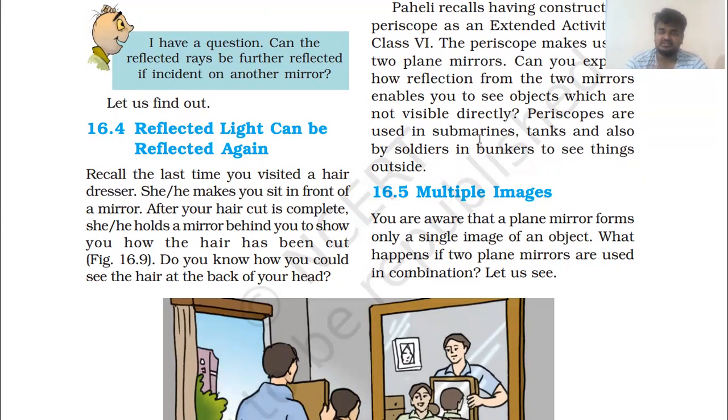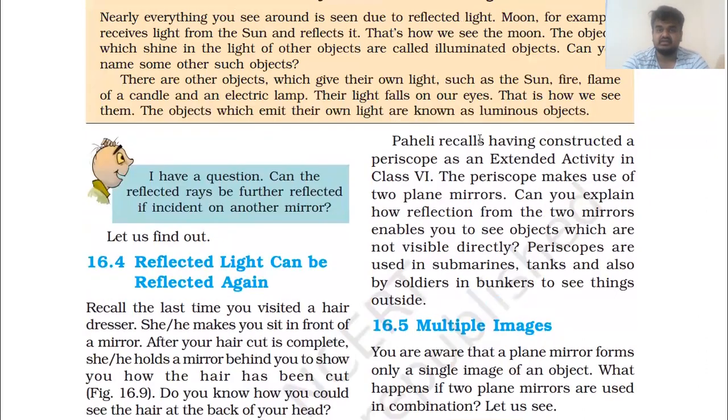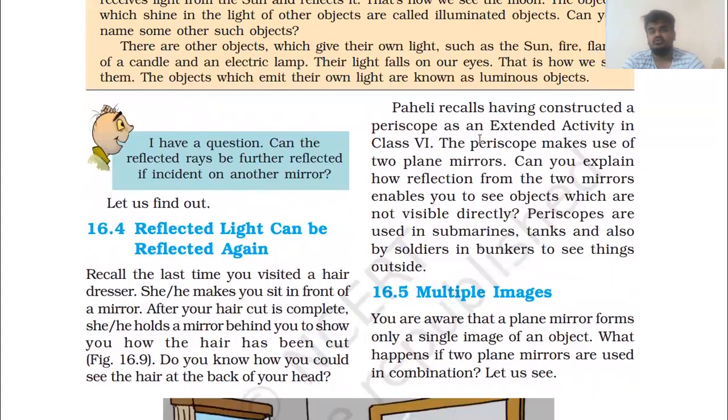That is topic 16.4: reflected light can be reflected again. Now, Paheli recalls having constructed a periscope as an extended activity in class 6.